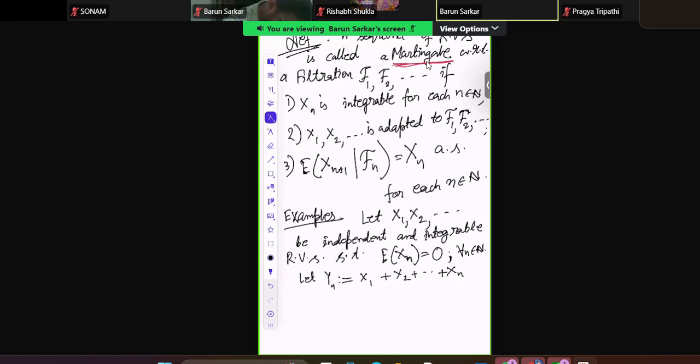And Fn you define as the sigma algebra generated by x1, x2, ..., xn.